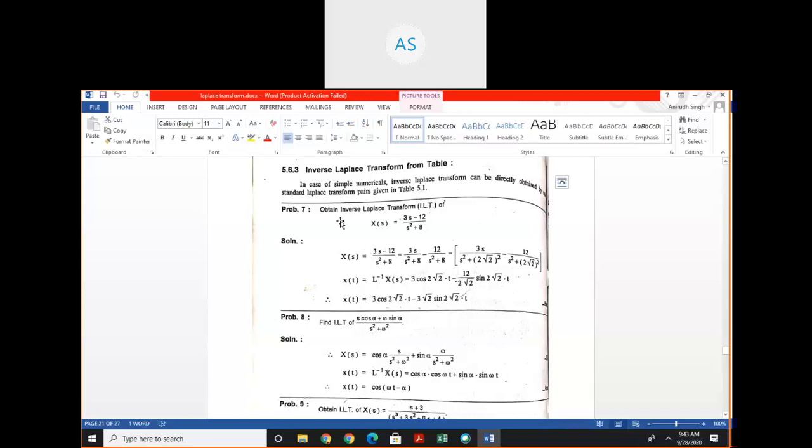Here the value of n is 1, so we get factorial 1 divided by s minus half squared, and the inverse Laplace transform is t exponential half t.